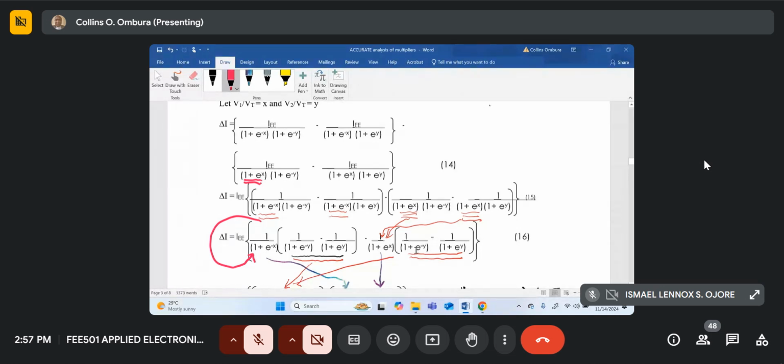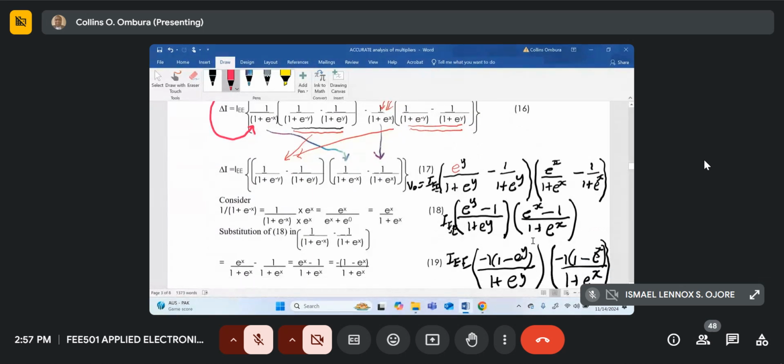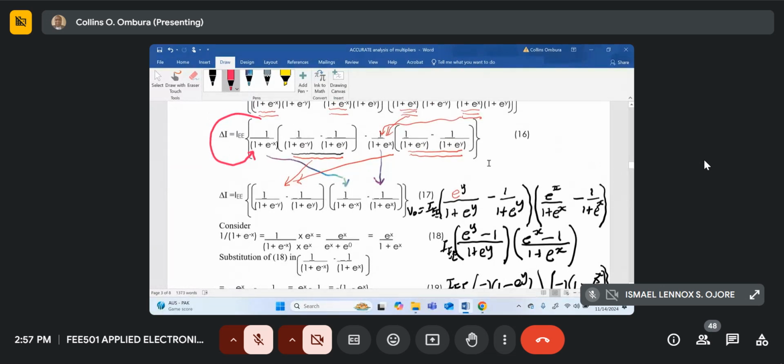Then 1 plus e to the positive y is this term over here. So now we are just simplifying. You can forget all these things that I've written over here with the pen. Just concentrate on the typed notes.